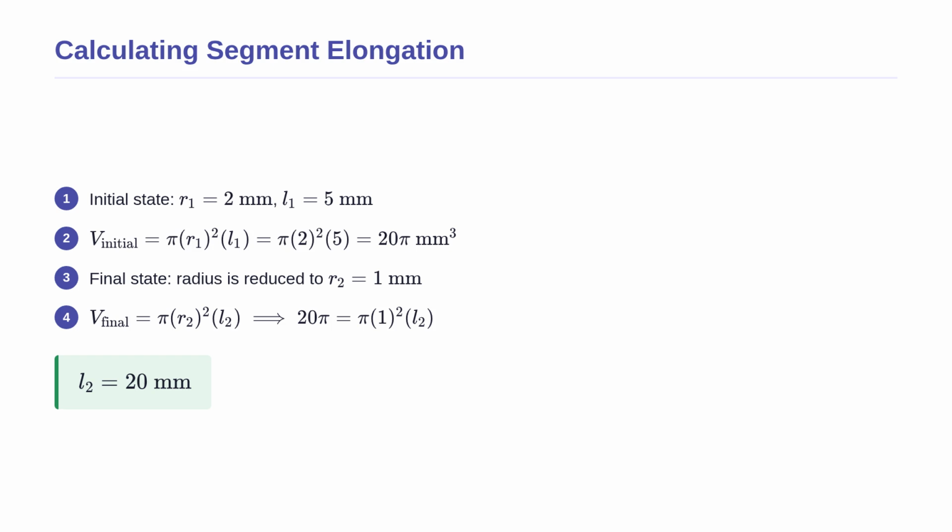Now, the worm contracts its circular muscles, squeezing the segment until the new radius is just 1 millimeter. Since the fluid is incompressible, the final volume must still be 20 pi. We set up our equation with the new radius of 1 millimeter and solve for the new length. The segment stretches to a final length of 20 millimeters.